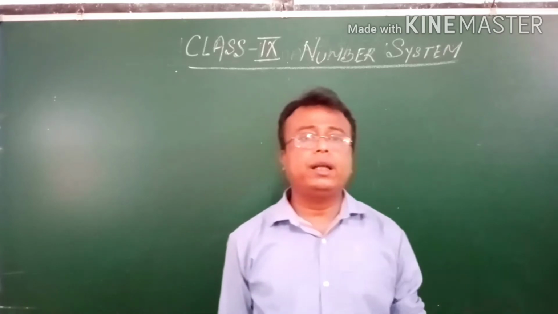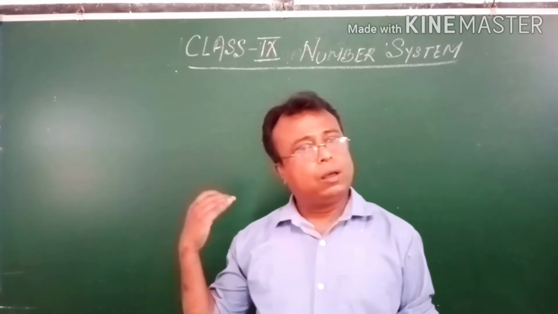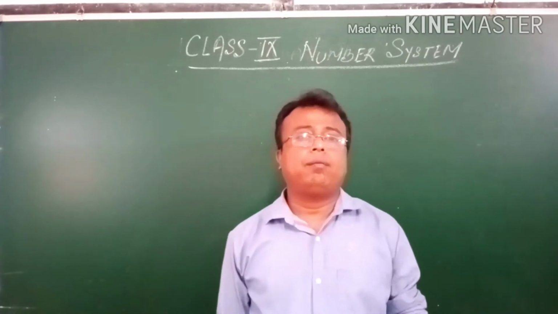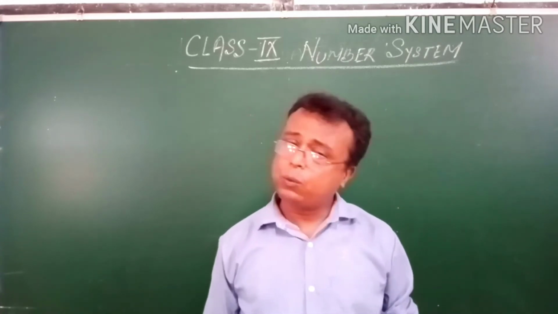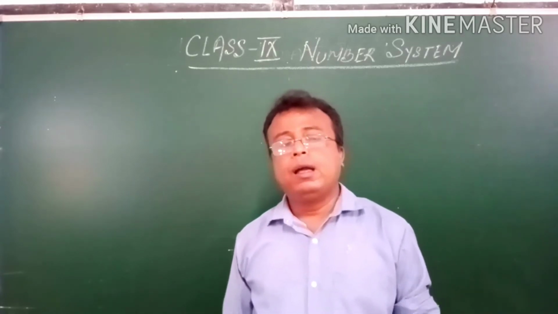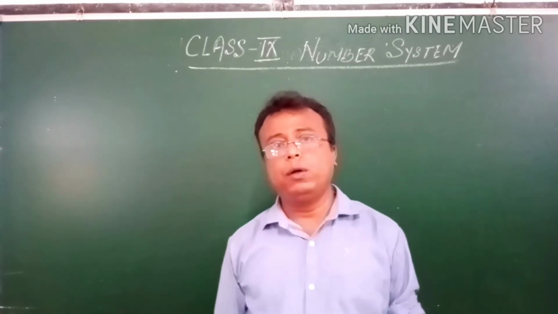Obviously 0 is a rational number because it can be written in p by q. We already learned that one. And question numbers 2 and 3: find 5 rational numbers or 2 rational numbers between any 2 rational numbers. That one also we have learned in class. Apply the same method, and try to do the questions of exercise 1.1.